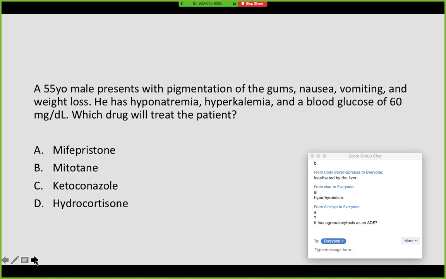Okay. Last one, a 55-year-old male presents with pigmentation of the gums, nausea, vomiting, and weight loss. He has hyponatremia, hyperkalemia, and a blood glucose of 60. Which drug will treat the patient?